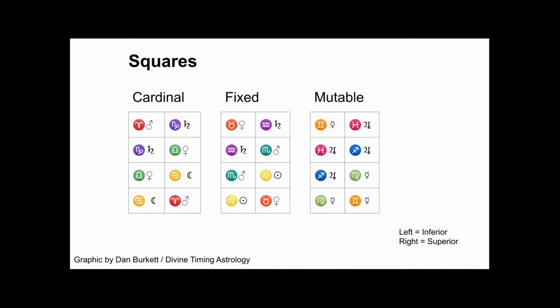So what I plan to be doing for this talk is a video basically for each of these 12 squares, right? And to talk about the square between each sign as a kind of dynamic in itself.